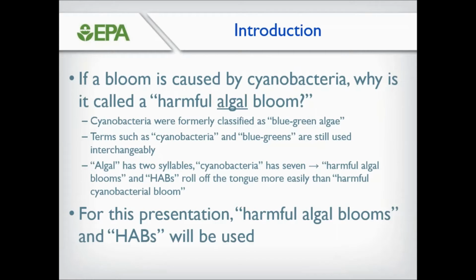And finally, it comes down to a matter of syllables. The word algal has 2 syllables, and the word cyanobacteria has 7 syllables. Expressions like harmful algal blooms and HABs just roll off the tongue a lot more easily than harmful cyanobacterial blooms. So for the purposes of this presentation, we'll be using harmful algal blooms or HABs.